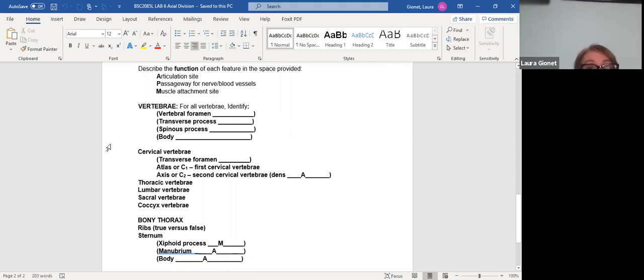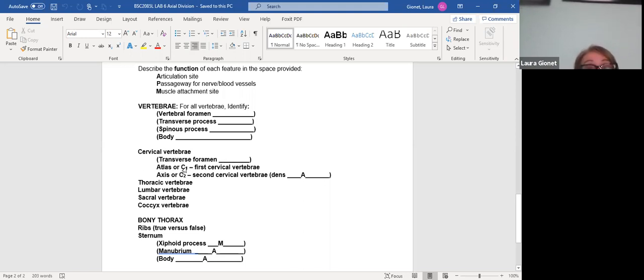We'll number them C1 for cervical 1, cervical 2, cervical 3, and so forth to C7. We start at the top, the most superior aspect, and count downward. In cervical vertebra, in their transverse processes, we have holes called transverse foramen.